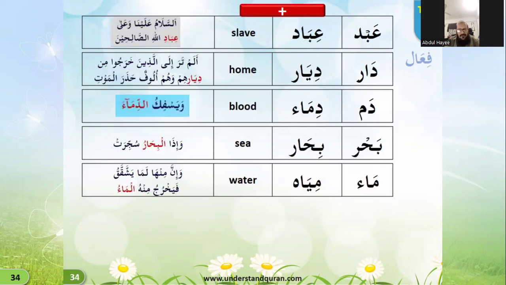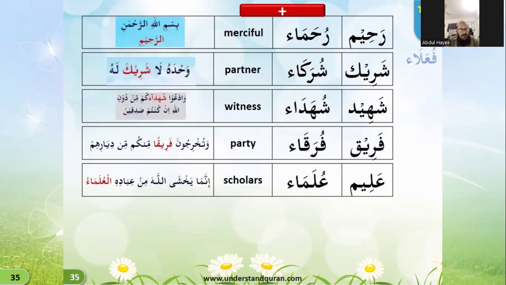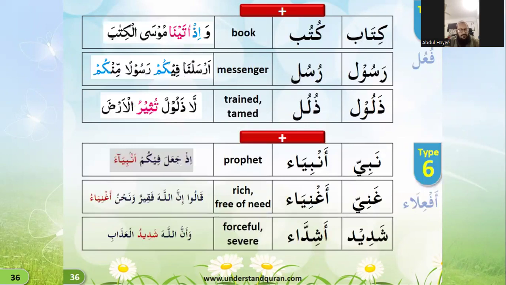The third pattern is fi'al. Abd, ibad, dar, diyar, dam, dima, bahr, bihar, ma, miya. The fourth one is fu'la. Rahim, Ruhma, Sharik, Shurka, Shahid, Shuhada, Fariq, Furqa, Alim, Ulama. The fifth one is fu'ul pattern. Kitab, Kutub, Rasul, Rusul.